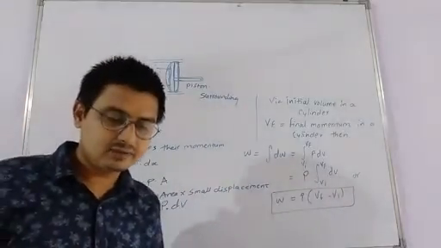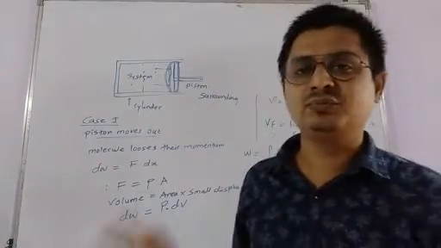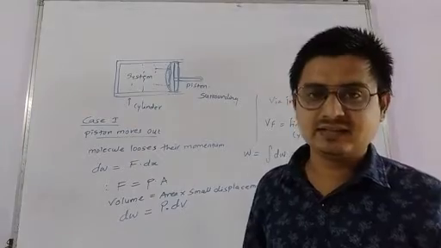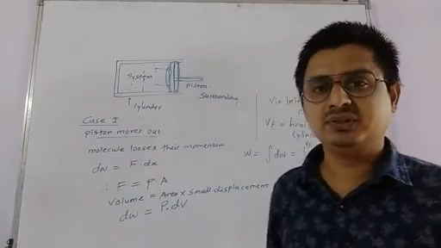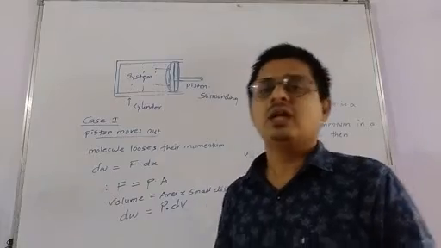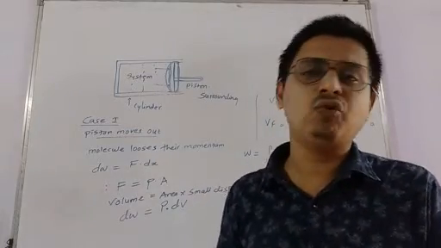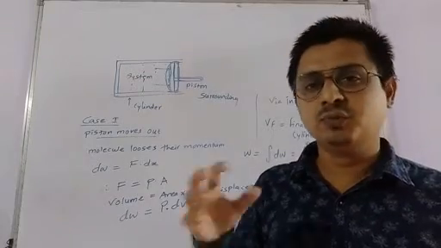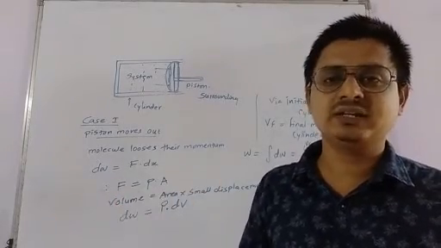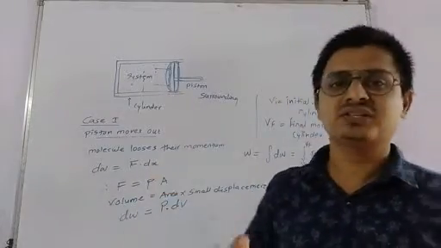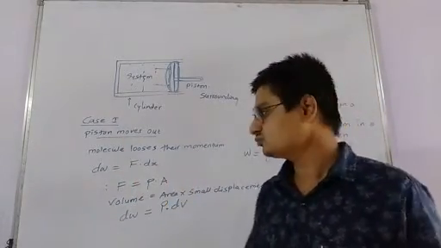I again repeat, what happens when the piston moves out? Actually, the molecules present inside the gas strike the piston, and because of which they lose their momentum, which produces a force. That force will act on the piston, which moves the piston in an outward direction, and let the small displacement be dx through which the piston moves outside.